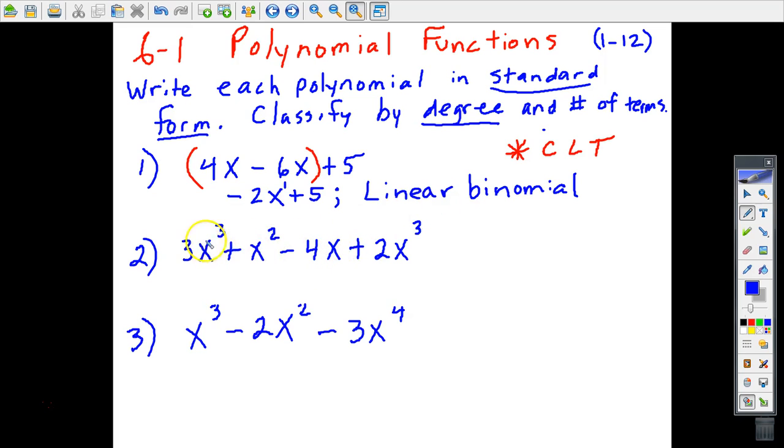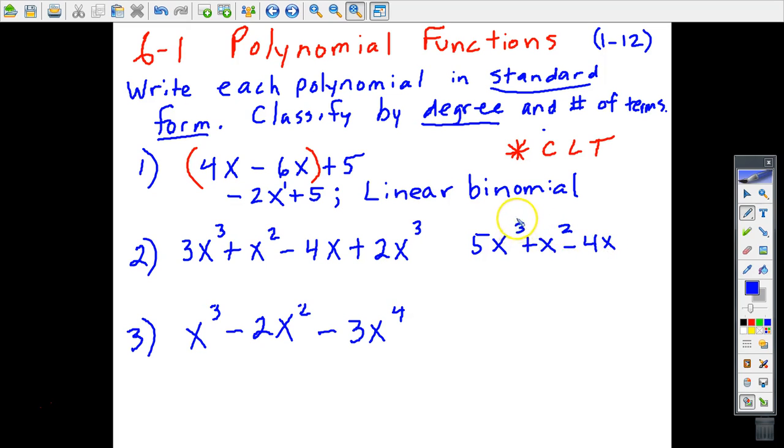Okay, number 2, I need to gather up these 2 cubic terms and put those together, and that would be 5x to the third. Then I look for some x squared terms. I just have 1, and I just have 1 linear term, and I don't have anything else that can be combined.